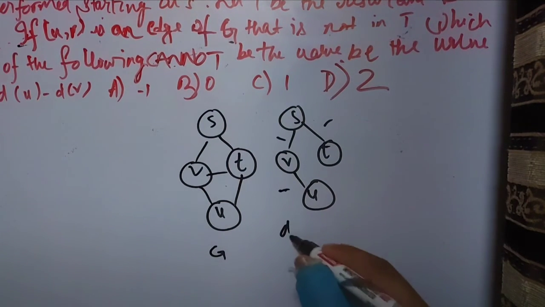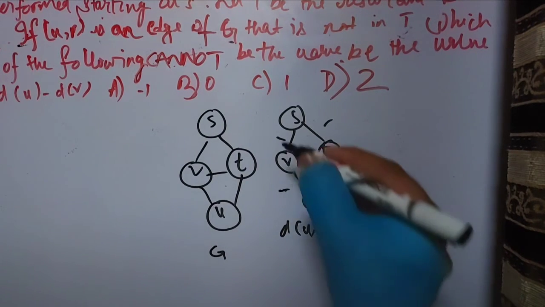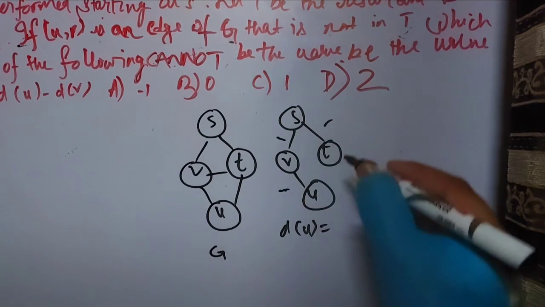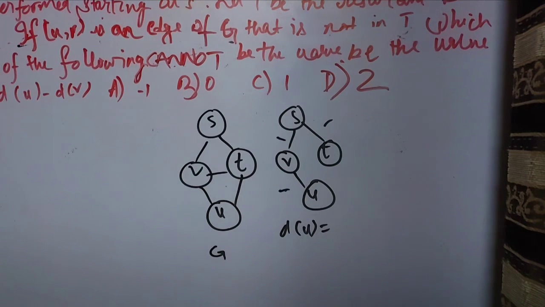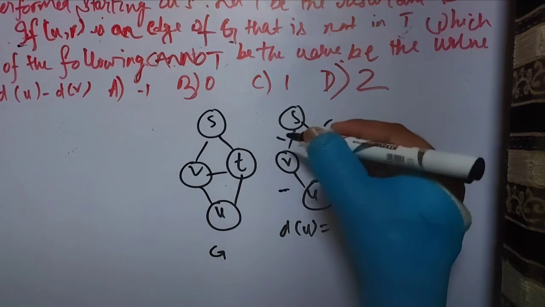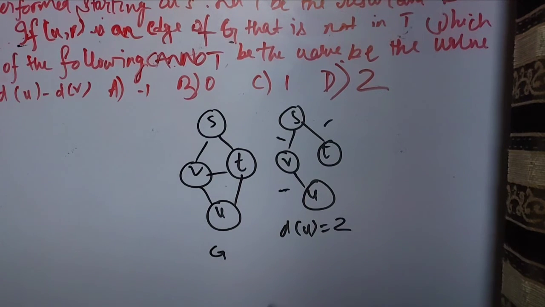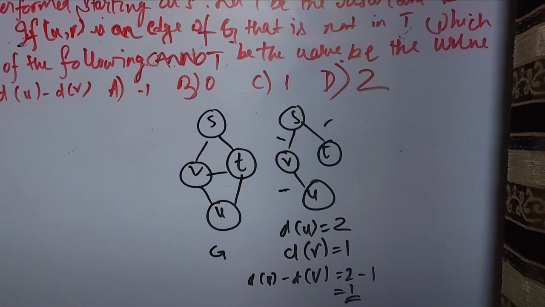So du here is 2 units because it's going through V. It could also go through T; it's your choice what to take. So du is 2 units and dv is 1 unit only. If we consider the subtraction du minus dv, it is 2 minus 1, which is 1. So 1 can be a possible value, but the question is asking about the value which can't be possible.